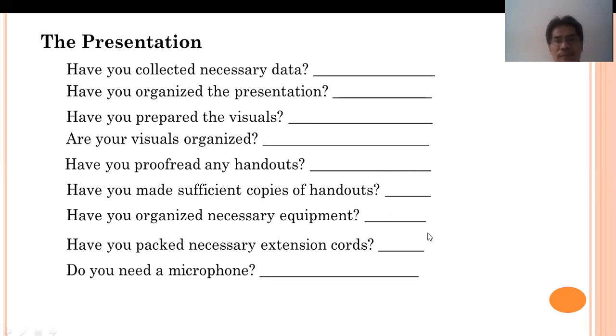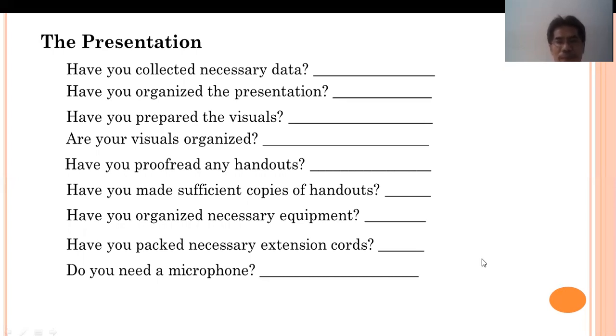Have you organized the necessary equipment, for example your laptop, your audio, or probably an automatic slide changer or something related to your presentation, of course? Have you packed the necessary extension cords? And then, do you need a microphone, for example? If you need a microphone, you have to prepare that.